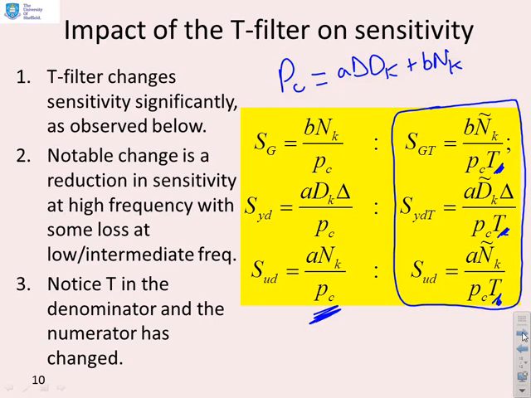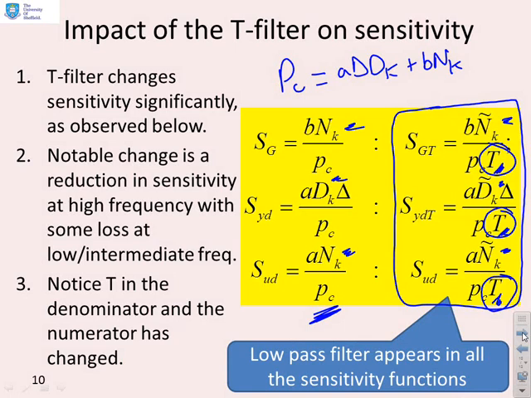So okay, the numerator is slightly different. This one had nk, this one has nk tilde, this one has dk, this has dk tilde, but the most important difference is that this T appears explicitly in all the denominators.